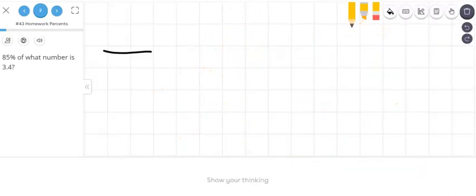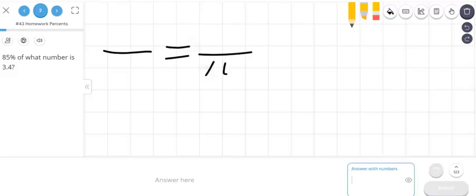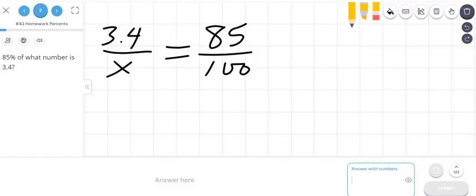All right. Line equals line 100. Percent goes on top. Is goes on top. So 3.4 is up here. And x. So I get 85x equals.